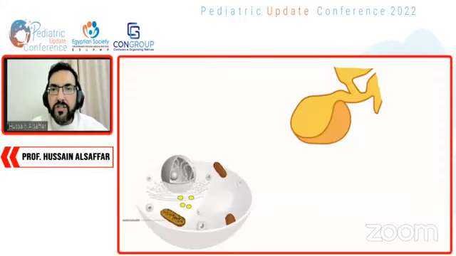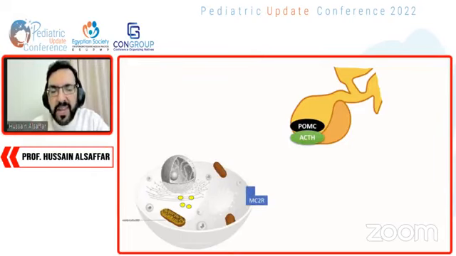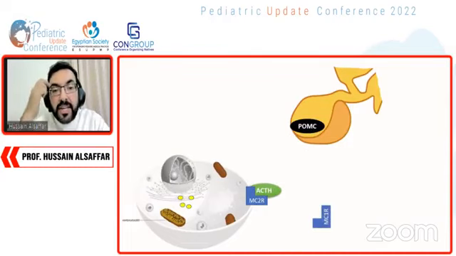On this illustration, basically the CRH, corticotropin-releasing hormone, will stimulate the anterior pituitary through the POMC, then the ACTH to be produced, and then the adrenocorticotropic hormone works on the melanocortin receptor 2, MC2R. There is also another similar receptor called MC1 receptor, which is available in the skin, and that's why when we have excess of ACTH, there will be stimulation of that receptor, leading to tanning of skin.